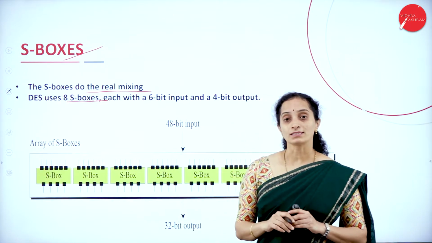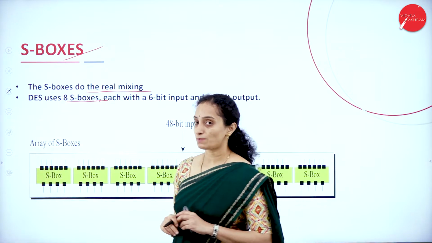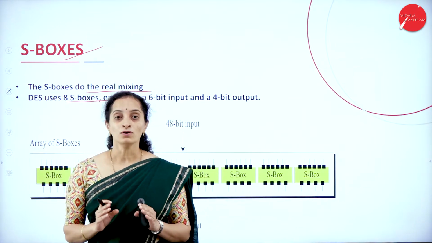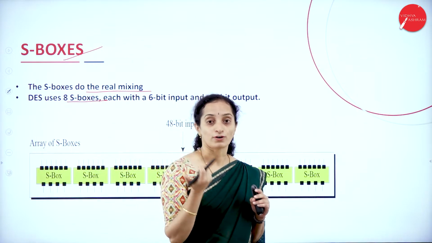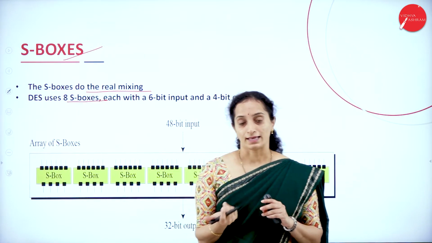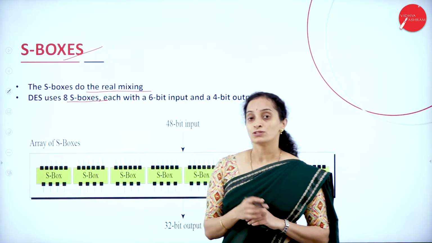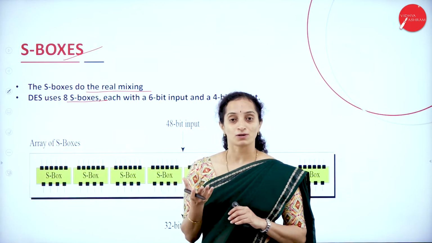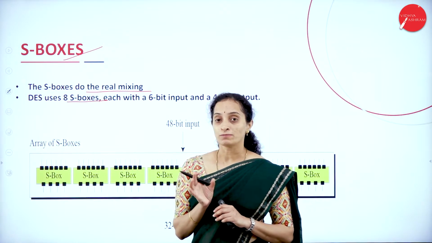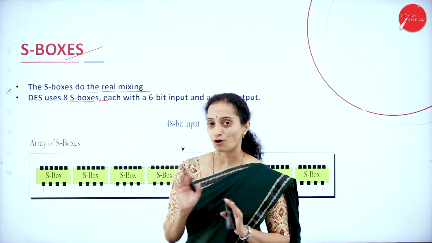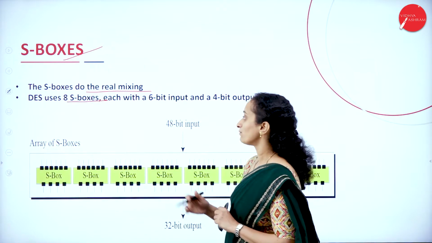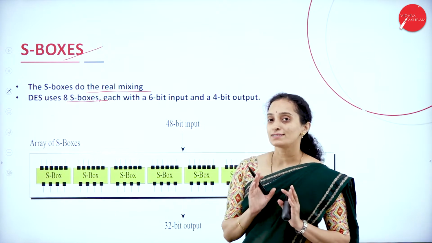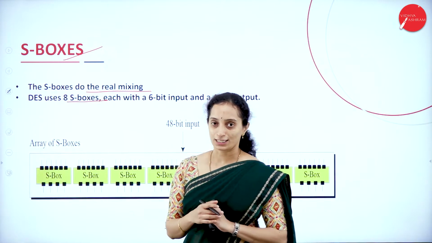Alright. Now, the intention of using S box is, we have to convert 48 bits of XOR output again to 32 bits, because final output must be only 32 bit, not 48. Now, we have to compress the 48 bits to 32 bits.